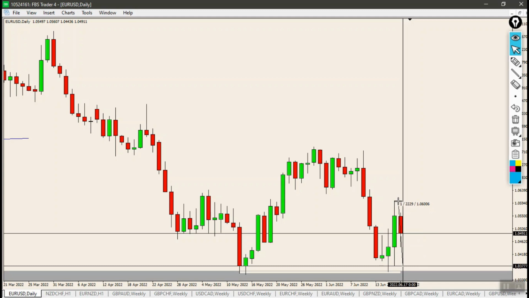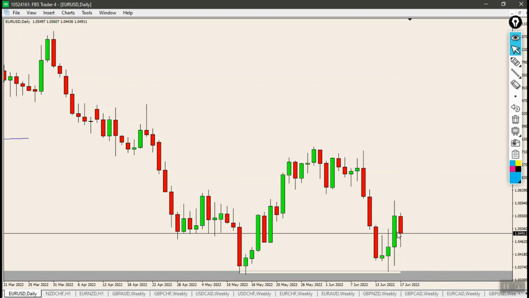Let's calculate how many pips this candlestick moved. It was 222 pips. So 50% of 222 must be 111, right? So if we place 111 somewhere around here, this is the middle of the candlestick.